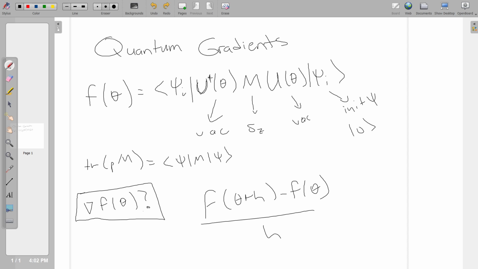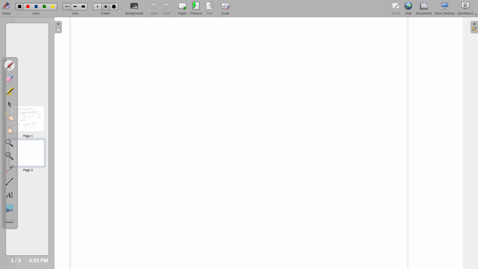This is the finite difference method, but it's an approximation that has associated error, and this error increases relative to what h we pick, and also the size of the circuit. So it's not the greatest answer, and so we can actually do an exact, or analytic, gradient.